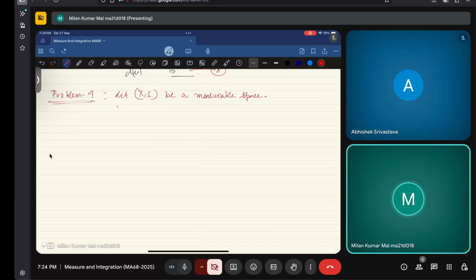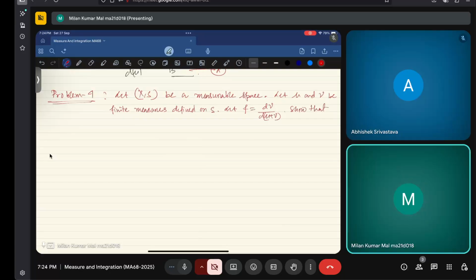This is: let mu and nu be finite measures defined on S. Finite measure defined on X. Let f equal d nu by d(mu plus nu), so that nu is a finite measure, I think.